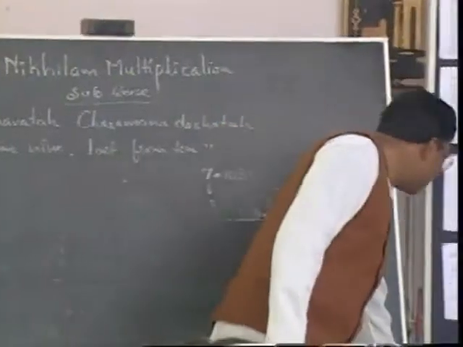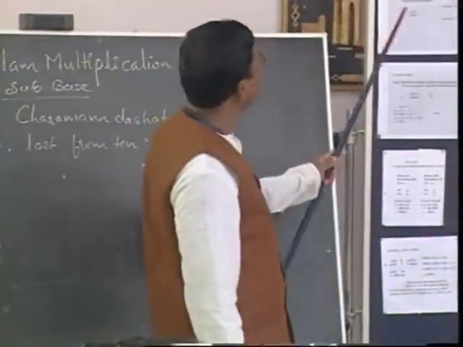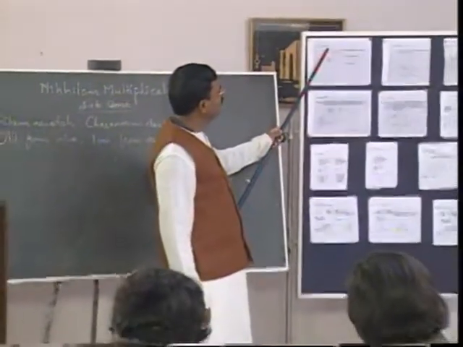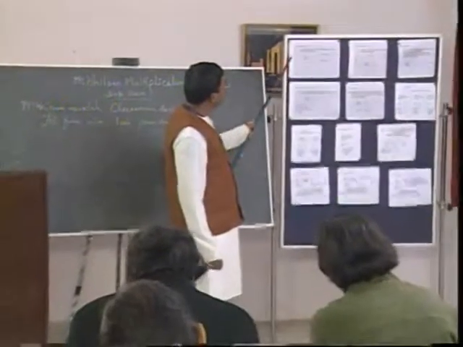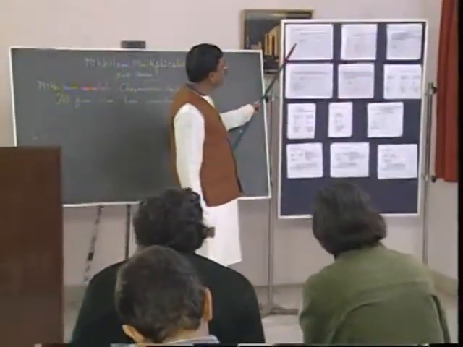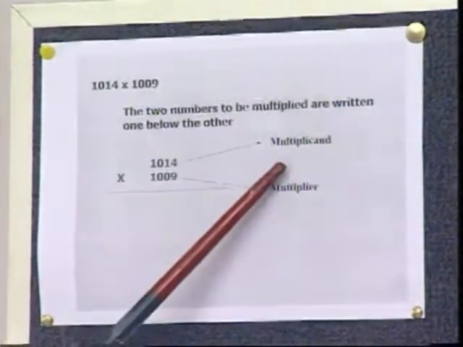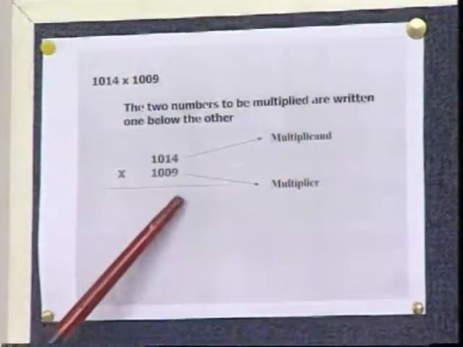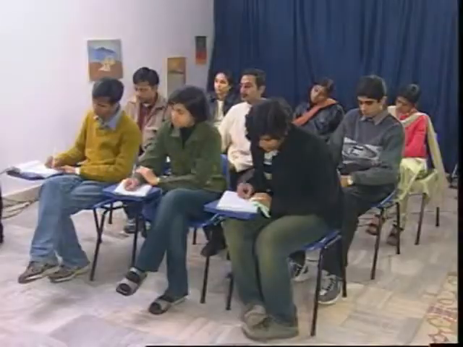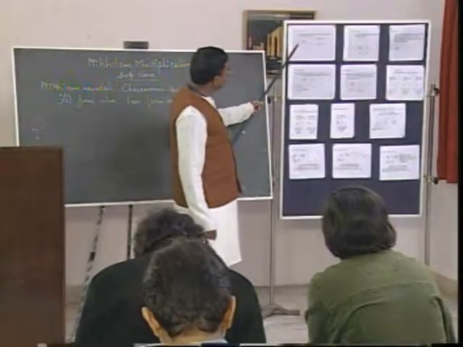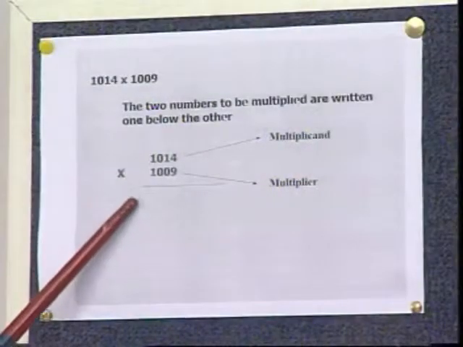Let us consider one example: 1014 multiplied by 1009. You write the given numbers one below the other. 1014 is the multiplicand, 1009 is the multiplier. These two numbers are more than the base, that is, more than 1000.